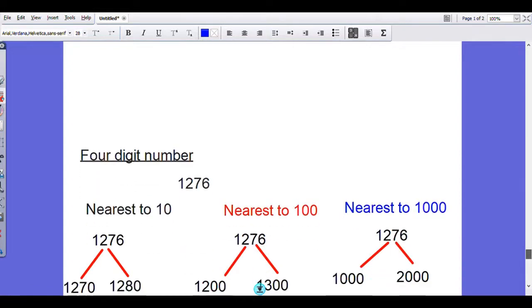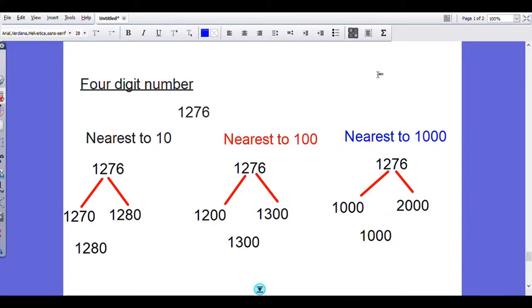Now take one example of a four-digit number. If the number is a four-digit number, then there are three possibilities: either we can round the number to the nearest 10, 100, or 1000. If it is not given in your question which one you have to round to, it's up to you.